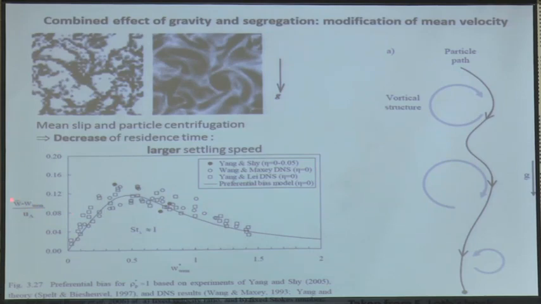If it is positive, it means that there is an increase of the mean settling velocity in a turbulent flow. If it is negative, there is a decrease. And what you observe is an increase, okay? It is just made dimensionless by the characteristic turbulent flow velocity. And you observe that in simulations and in experiments, the Yang and Shy experiments, you see that there is, let's say, between 10 and 20% increase of the settling speed due to the presence of turbulence.